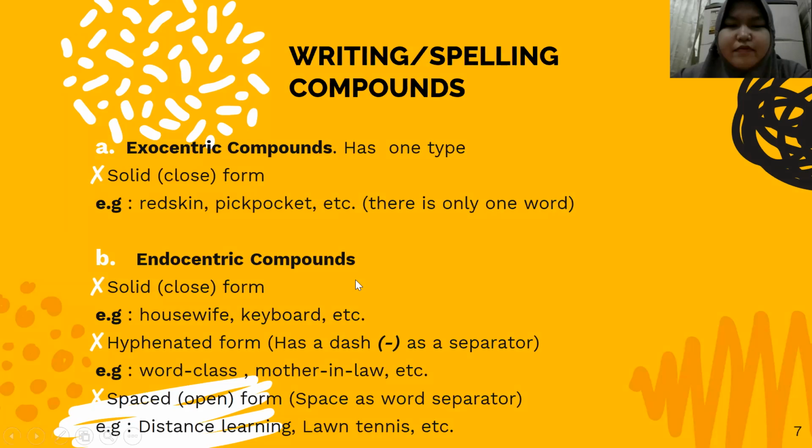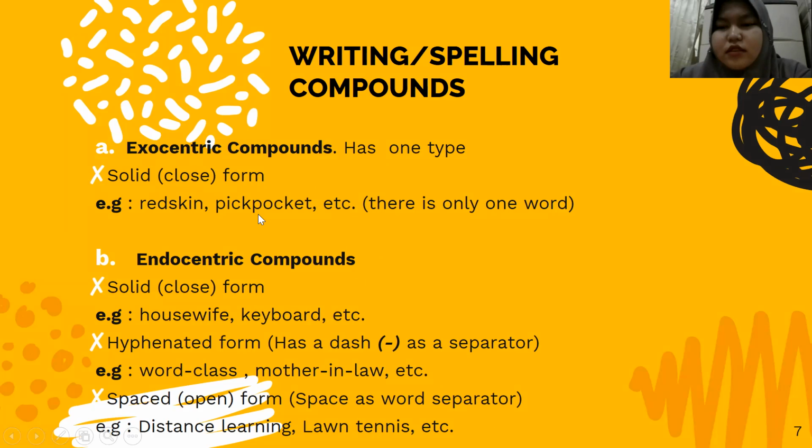Okay, next. In writing or spelling compounds. In writing, the first is exocentric compounds, which I told you about, pickpocket. This only has one type. Exocentric compounds only have solid forms.